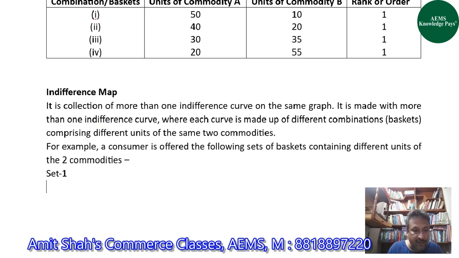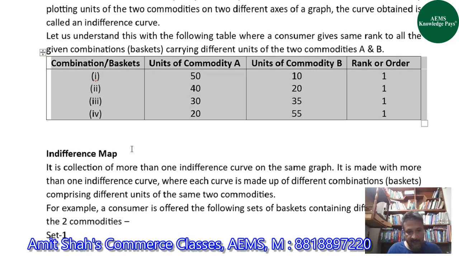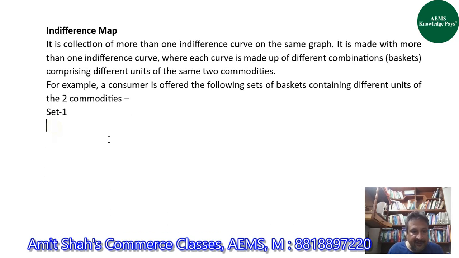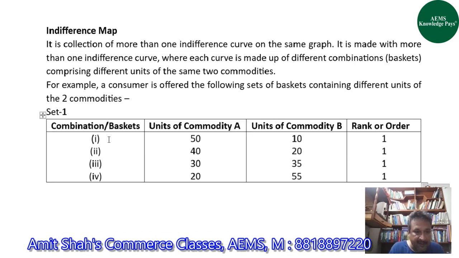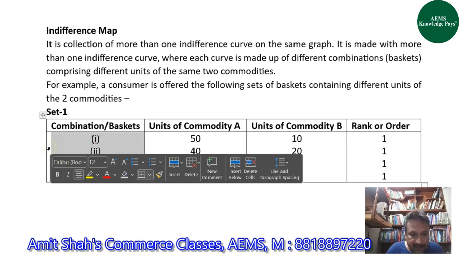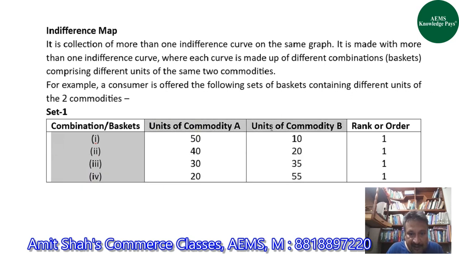Have you understood this, guys, or not? Okay. Even if you have not, let's understand this here with an example. Like this is set 1, where we have four combinations of the two commodities A and B. Each combination of basket has different units of the two commodity.